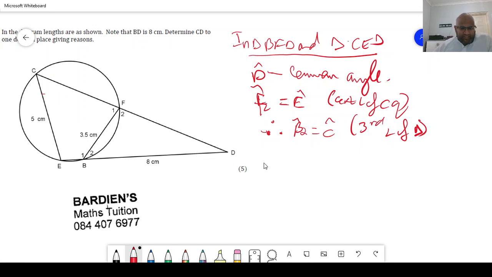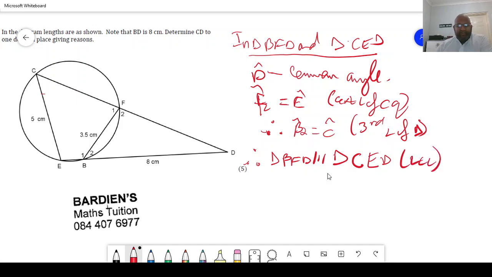So we can conclude now therefore triangle BFD, yeah, my handwriting, is similar to triangle CED. So B corresponds with angle C, F corresponds with angle E, and D is the common angle, so D corresponds with D, and your reason there is angle, angle, angle.